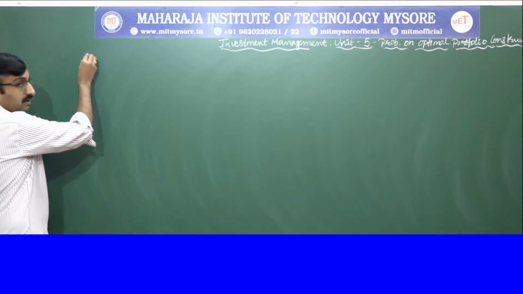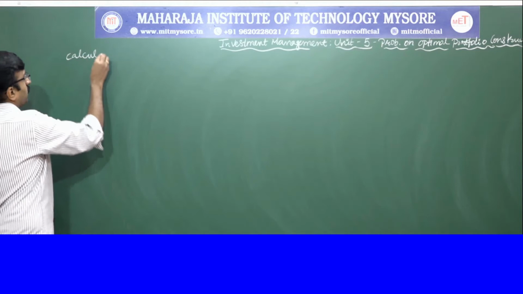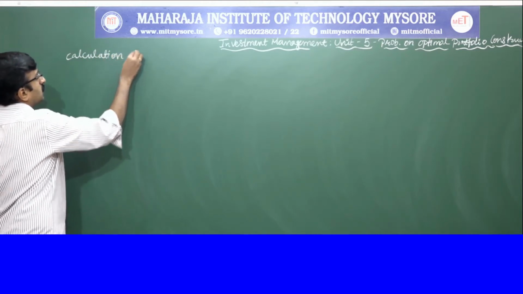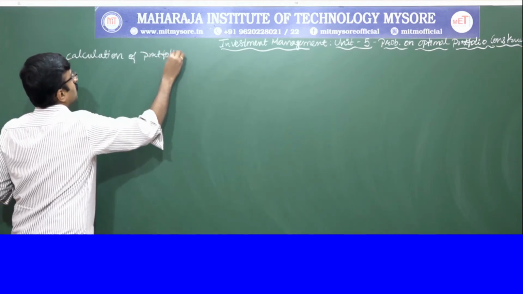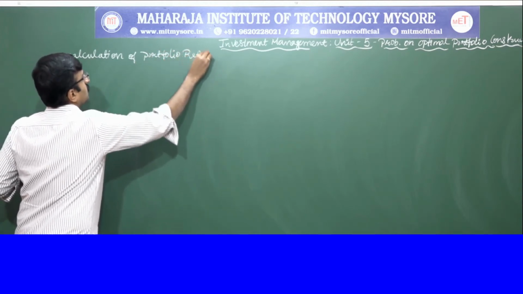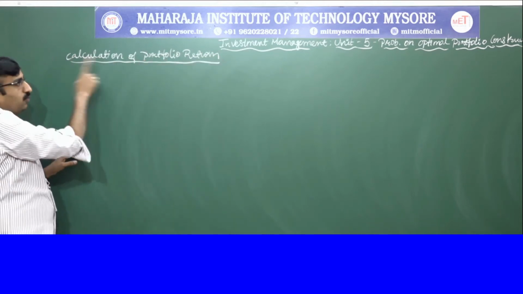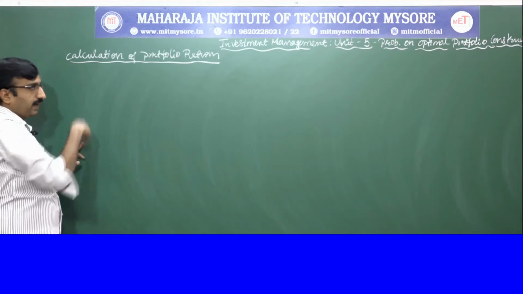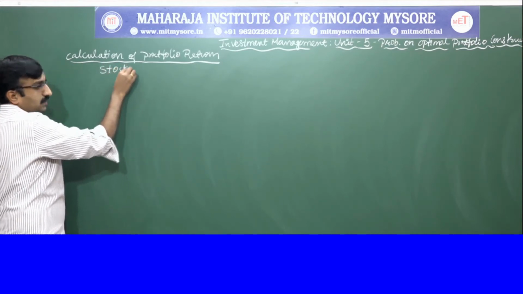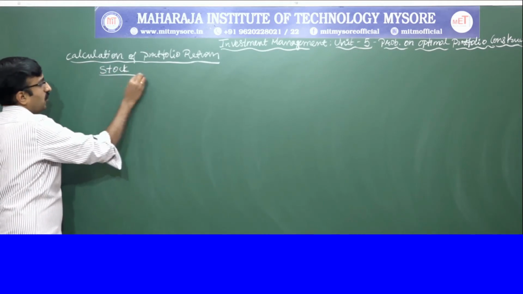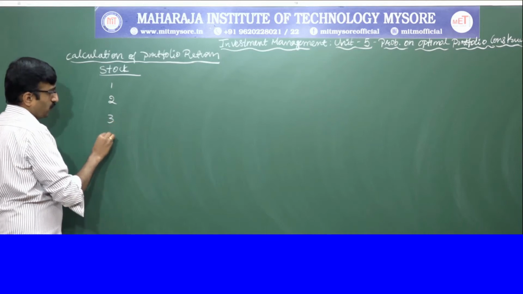Okay, we go for calculation of portfolio return. They have given 4 stocks: 1, 2, 3, 4.